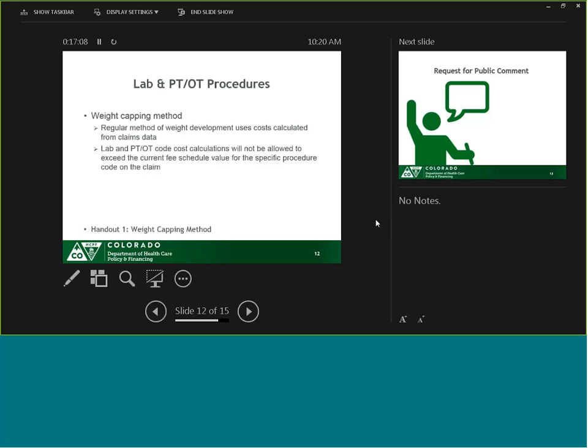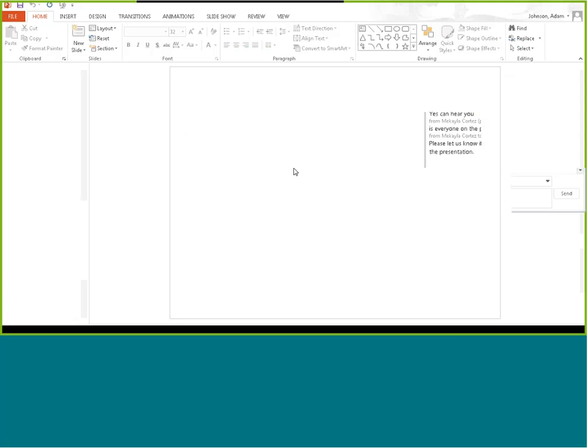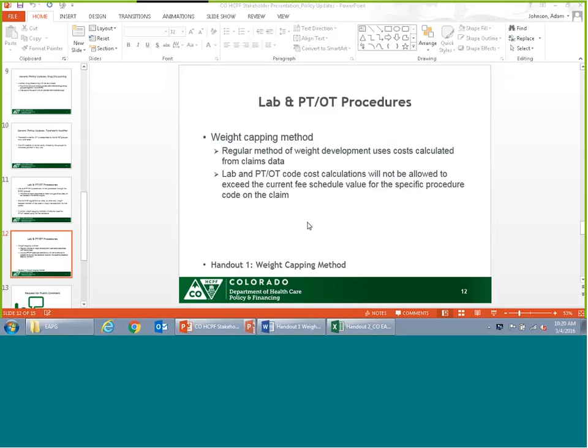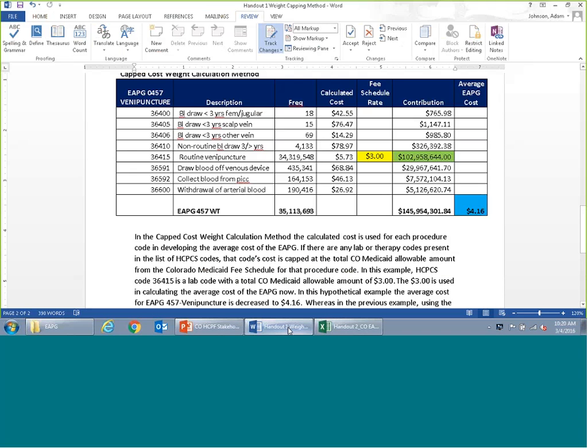The difference with the weight capping process is that we limit the higher end of that average cost for that particular procedure code, and it's based off of the fee schedule values for both the labs and the PTOT. So we're going to use the fee schedule as a way of limiting the calculated cost as we're going through that.